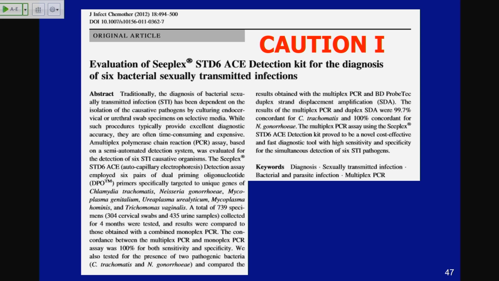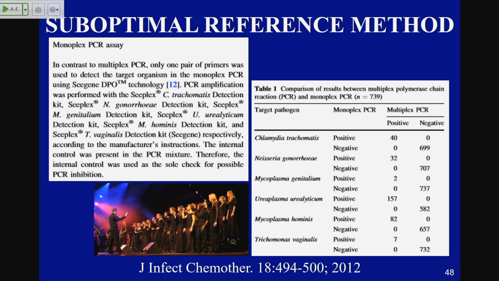Here's a study done by a group that shows the data right here. What's interesting about this study, and you've got to read the fine print, is that this is one manufacturer's diagnostic multiplex panel, and they are testing it against their own products, but singly, right?